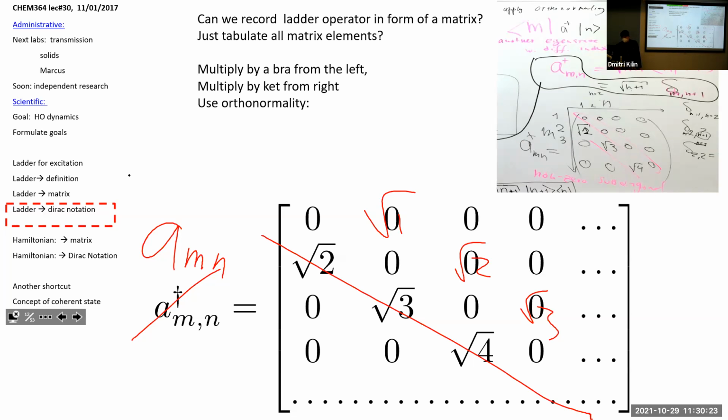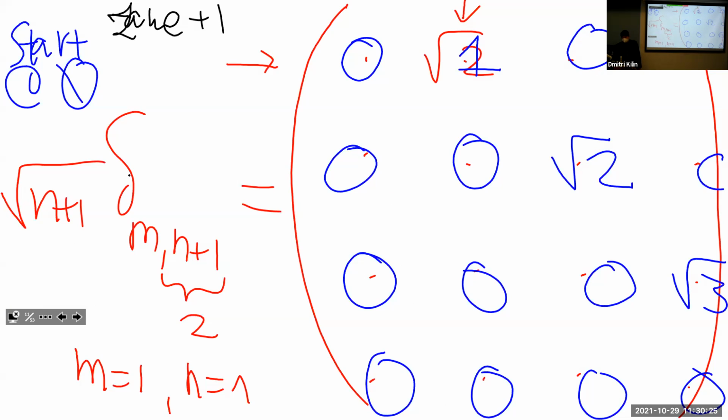Let's go back and do a little example. If we have m equals 2 and n equals 1, then we will have a non-zero element. And for m equals 2, any other values of n will be zeros, right?